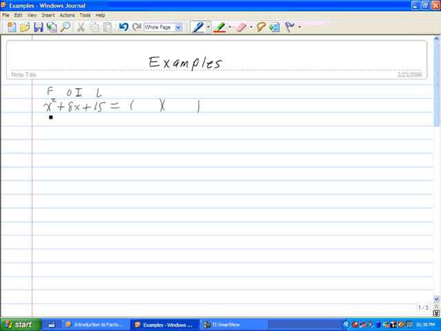For example, the x squared is a result of the first times the first, which means that in the first position here and in the first position here, the only thing we could possibly have is an x times an x. Now the 15 is a result of the last times the last, and there are several possibilities for that.